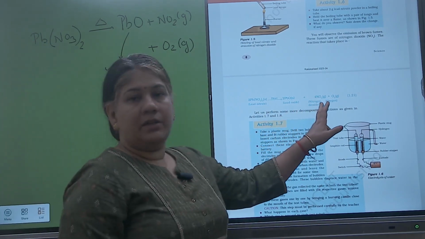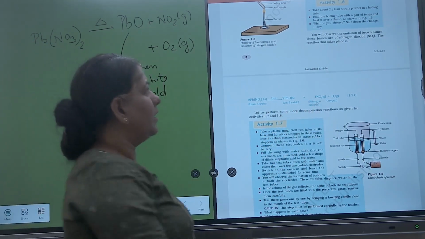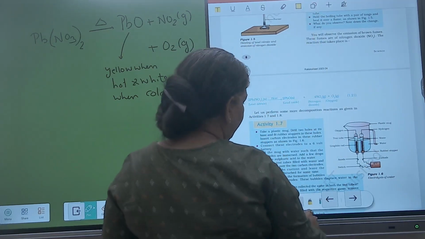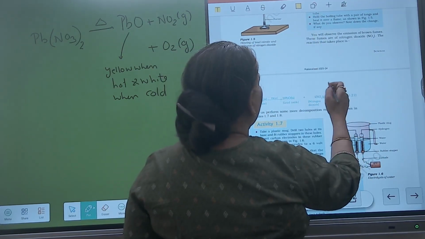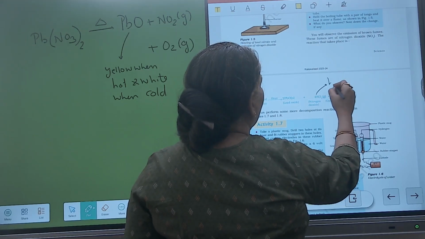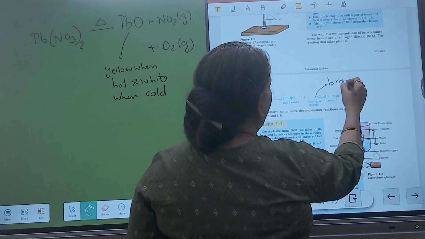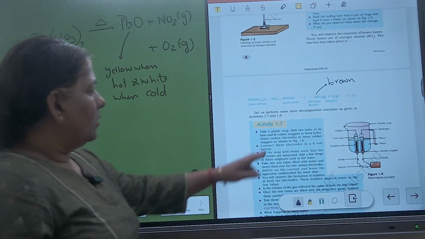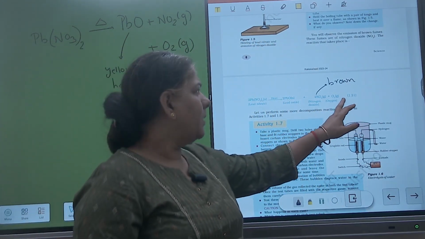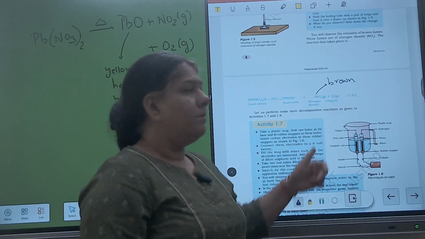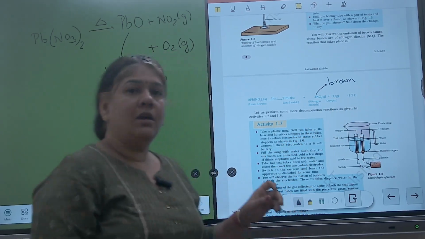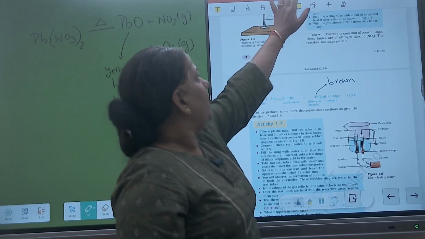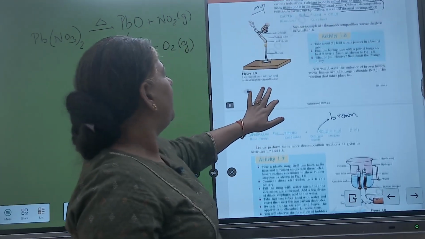Nitrogen dioxide is a colored gas, so you can easily recognize it because of its brown fumes. So this is a gas which is brown in color. Oxygen is a colorless gas, but we can detect it by bringing a burning candle near the mouth of the test tube, and the candle will start burning more brightly.